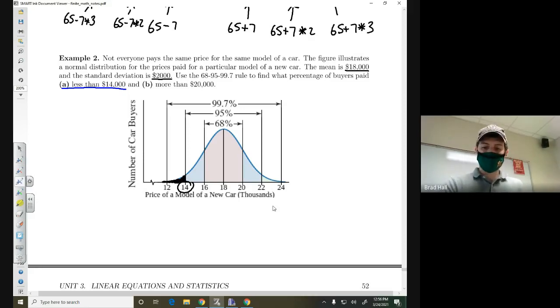Now the 14, let's see, if we follow the 14, it seems to have something to do with this 95%. But on the other side, it comes down here. So what the 95% tells us is that's the percent of this part right here.